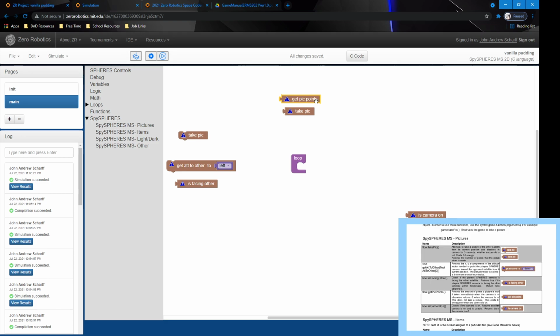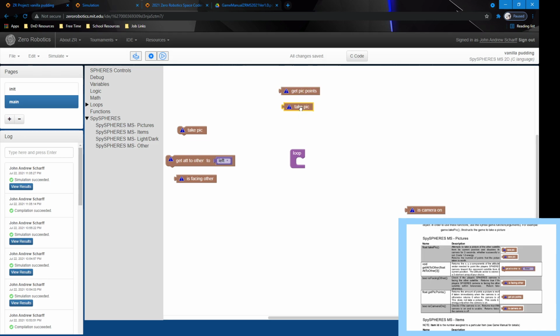The main difference between this one and this one is that this one actually takes a picture and then returns how much it was worth. This one returns a hypothetical, like, if I were to take a picture right now, how many points would I get? You can definitely use this one to make sure that you are getting the maximum amount of points possible over this one, because this one will waste your energy if you're not getting the maximum amount of points. So, very useful compared to the take pic.